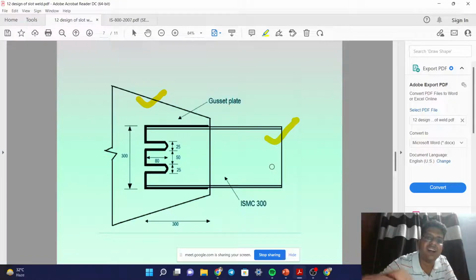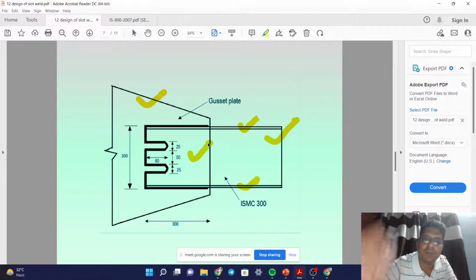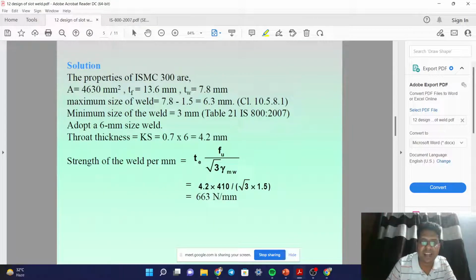The thickness of this gusset plate is 12, but when you consider the thickness of this ISMC 300, this is the web portion of the ISMC and these are the flanges of the ISMC. In the solution you can see that the thickness of flange is 13.6 and the thickness of web is 7.8, and we are doing welding in the web, so we will be considering the thickness of web.